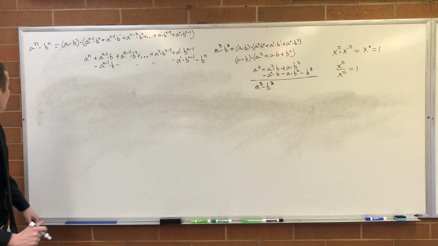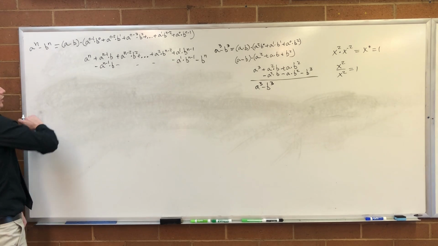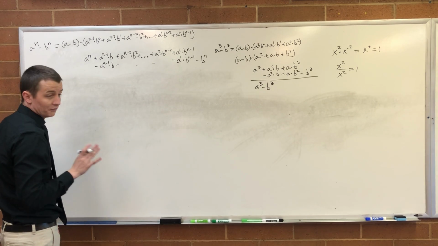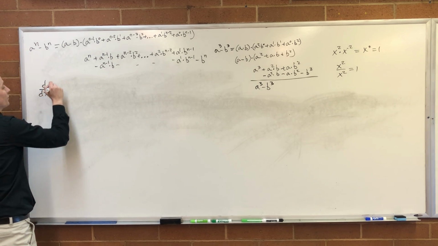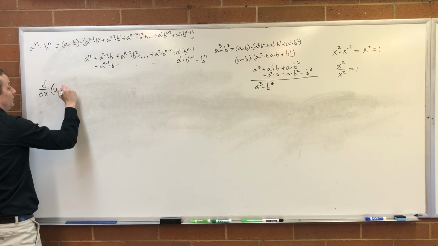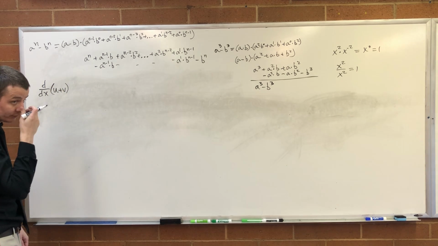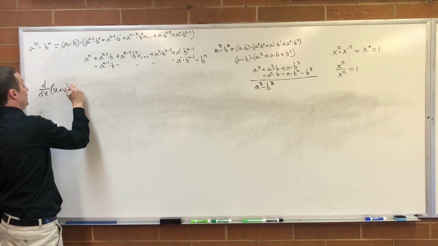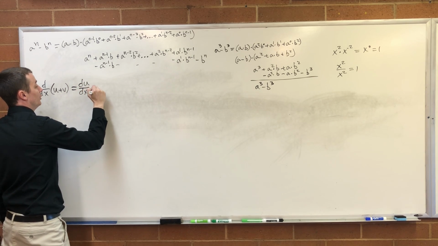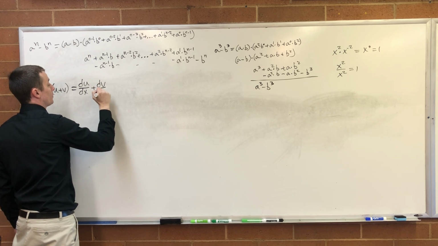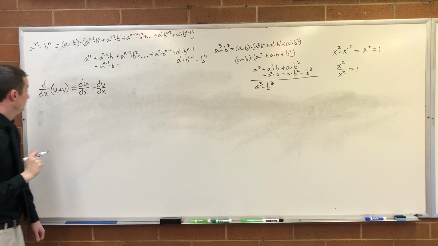We're going to say u and b are functions here, they're not constants. I'm going to show that the derivative with respect to x of u plus b, so the derivative of the sum, is equal to the sum of the derivatives.